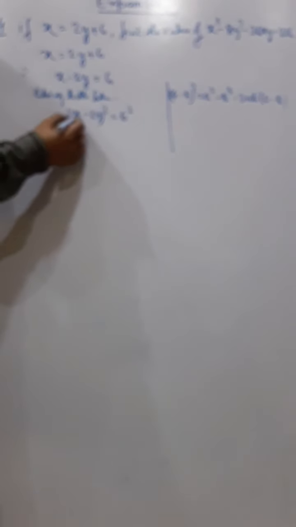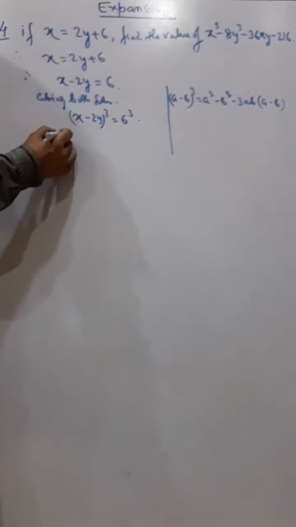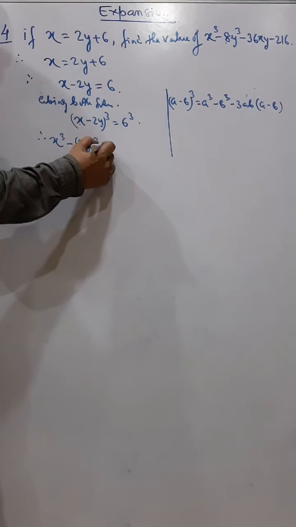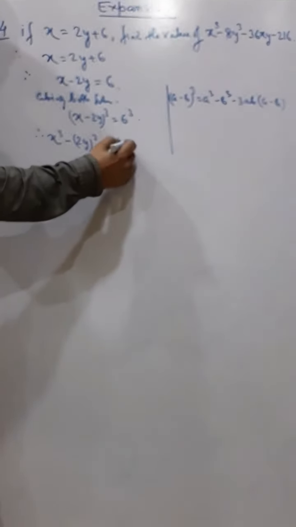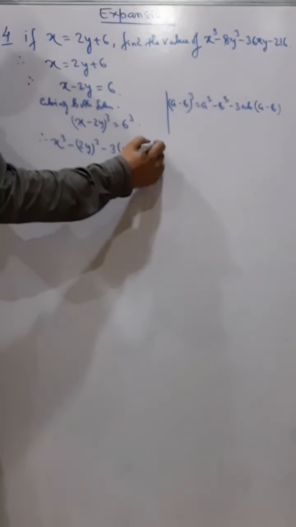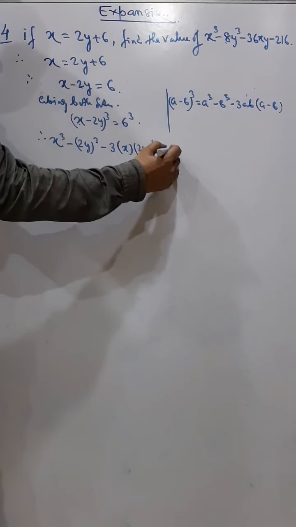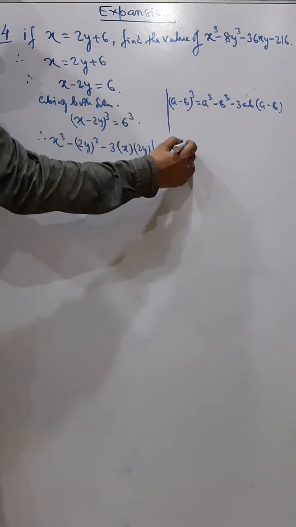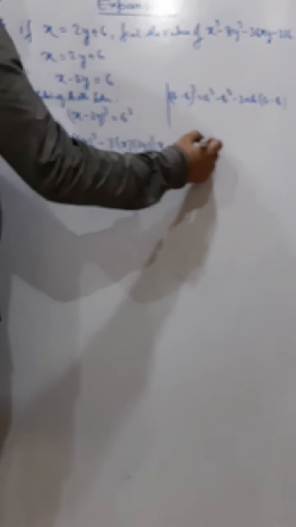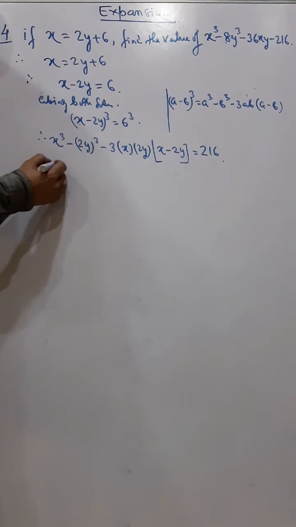So now here also this is ab, so we get a cube minus b cube, that is 2y whole cube minus 3 into a into b, and in bracket a minus b, and that is equal to 6 into 6 into 6 is 216. So what we got?